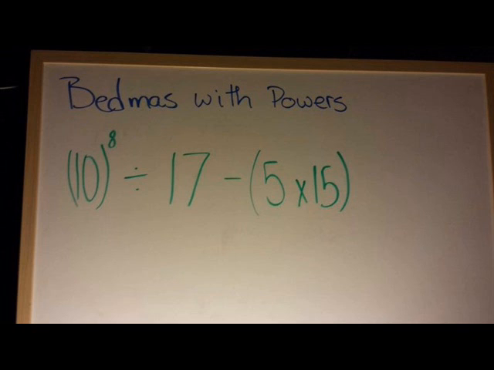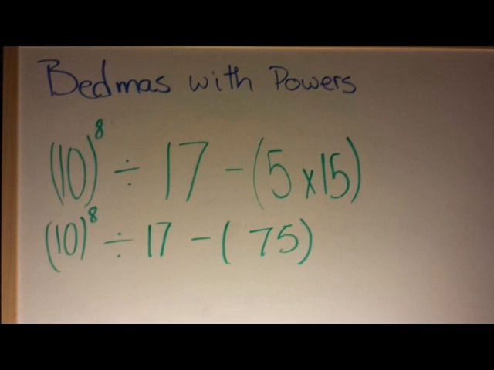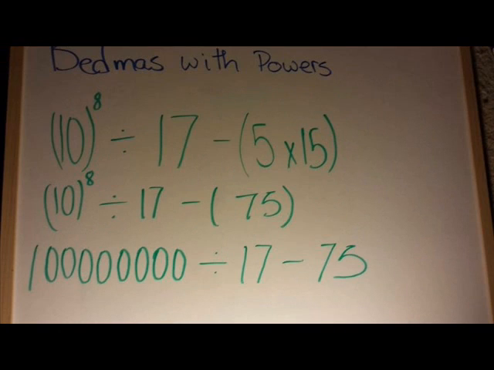So this equation is (8 squared divided by 17) minus (5 times 15). You have to do the brackets first. So 5 times 15 is 75. So 10 squared divided by 17 minus 75. Now you have to do the squared. Now it's a billion divided by 17 minus 75. So we have to do the division first.